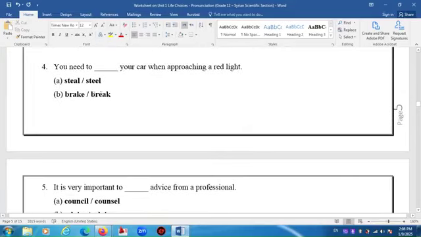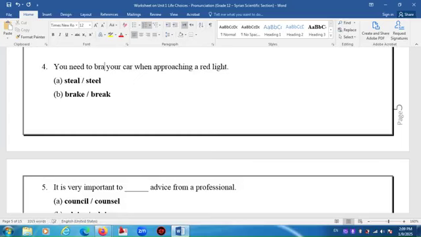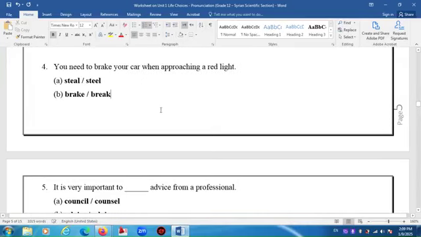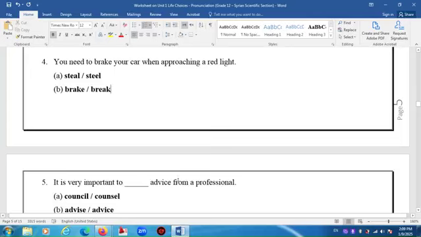You need to your car when approaching a red light. To stop it. To brake it. Brake. To stop. It is very important to advice from a professional.